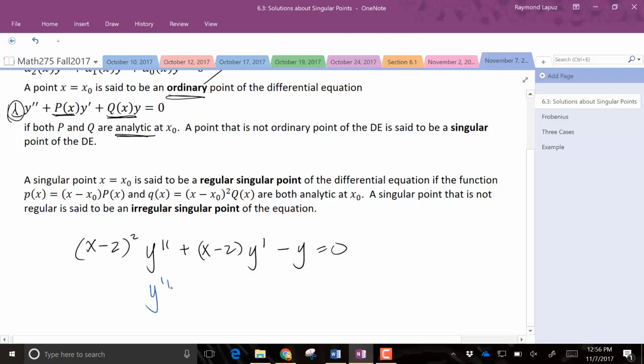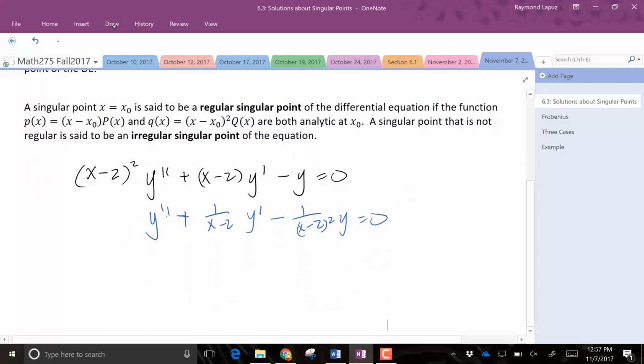We get y double prime plus x minus 2 over (x minus 2) squared, and a couple of x minus 2's will cancel out. And then the last term is just 1 over (x minus 2) quantity squared.